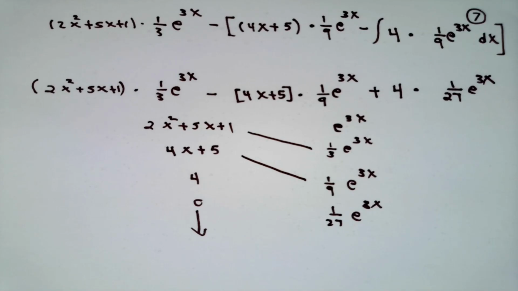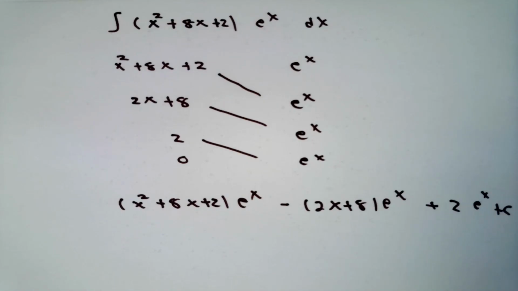And you'll have the quantity 4 multiplied by 1/27 e to the 3x. Looking at what came out of integration by parts, these are the individual terms. You add the first product, you subtract the second one, then add the third one. If you had more terms, you would continue alternating adding and subtracting. This comes from the minus signs in the integration by parts formula.